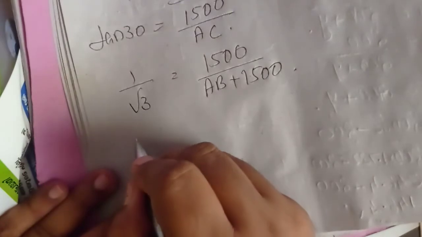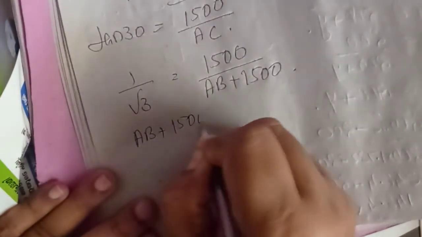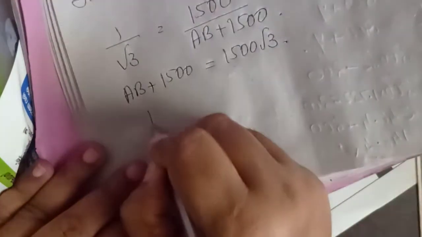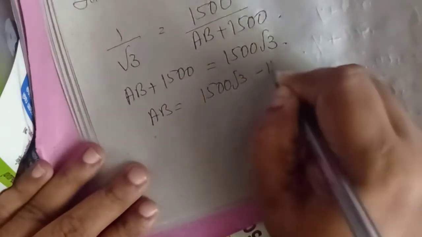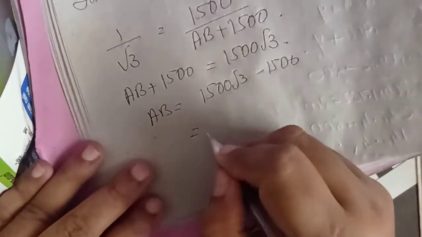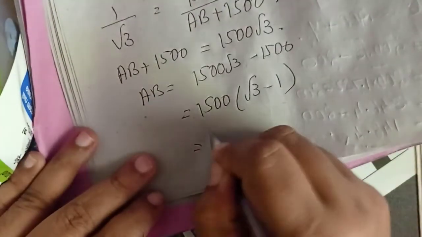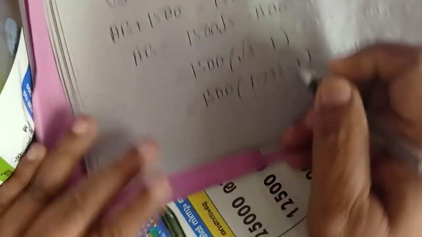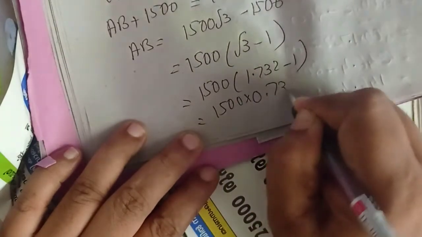Then cross multiply. AB plus 1500 is equal to 1500 root 3. AB is equal to 1500 root 3 minus 1500. 1500 is common: root 3 minus 1. 1500 into 1.732 minus 1, 1500 into 0.732.